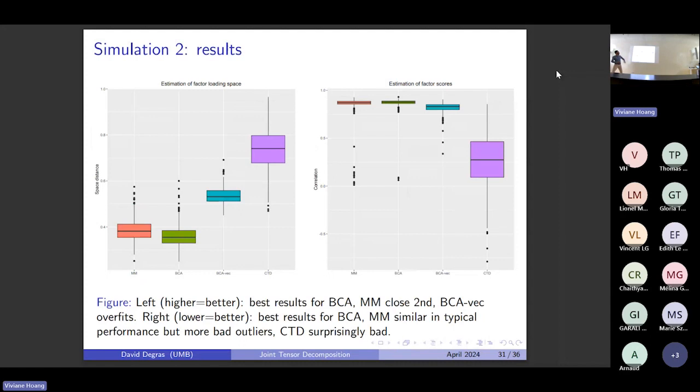What is this here? Same story, but now we're looking at the recovery of the space spanned by the factor loadings and not the individual factor loadings. This can be important sometimes because if you have two factor loadings with variances very close to each other, then in your estimation, it can switch.